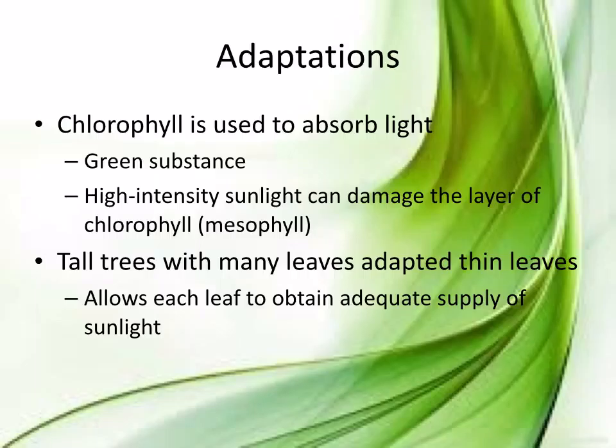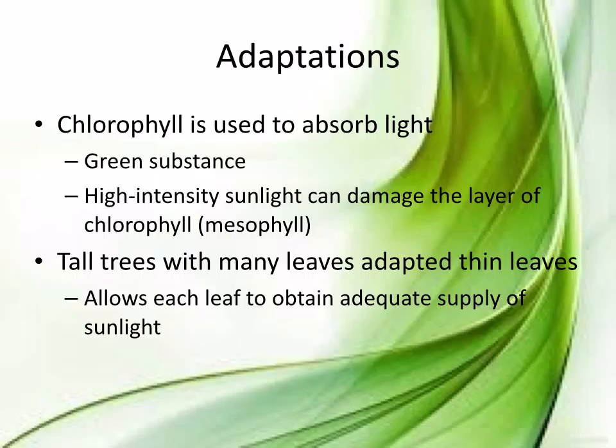It's what gives the plants the green color on their leaves. This green substance is in the mesophyll layer, and it can actually be damaged by high intensity sunlight. So in trees and plants in desert environments, their chlorophyll can be damaged because of the high intensity of sunlight.